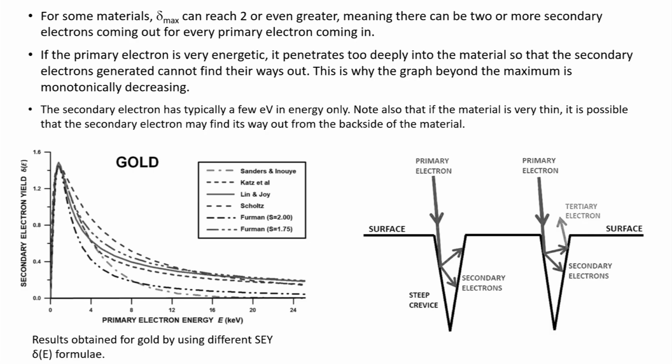But even after the secondary electron has sufficient energy, it can generate a tertiary electron; that is also possible. This shows that. So, this secondary electron is energetic enough and capable of taking out one more.